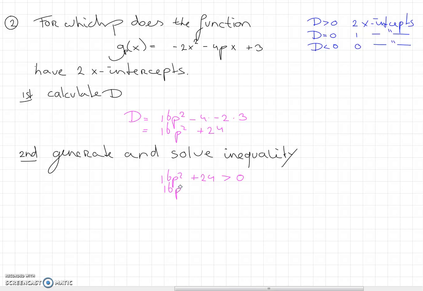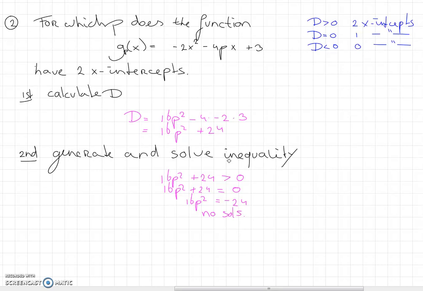So 16p squared plus 24 is equal to 0. Then we can solve this by saying 16p squared is negative 24. Well, we can divide both sides by 16, but p squared is positive, so this side is positive and this side is negative, so there are no solutions.